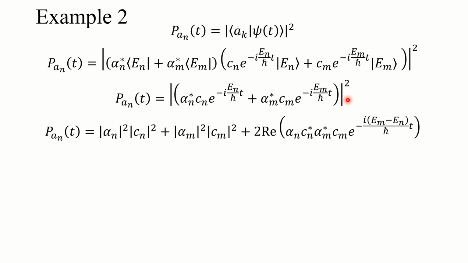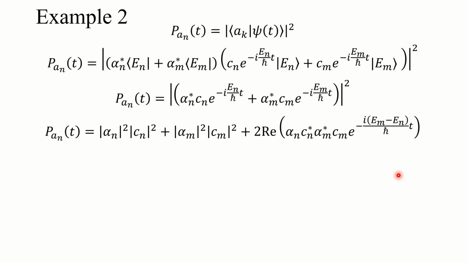If we carry this through, it takes a bunch of algebra, but you end up with this. These are equal: alpha n, C_n magnitude squared, alpha m, C_m magnitude squared, and then the real part of the cross terms. Note that alpha n and C_n, it's actually the complex conjugate of this.